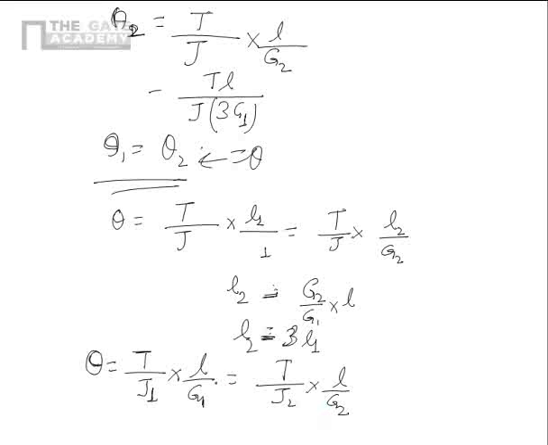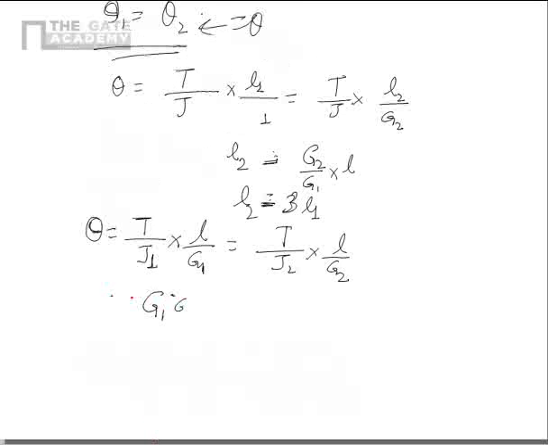Both the numerators are constant, so J1 G1 is equal to G2 J2, or J1 is G2 by G1 into J2, which is nothing but 3 times J2.